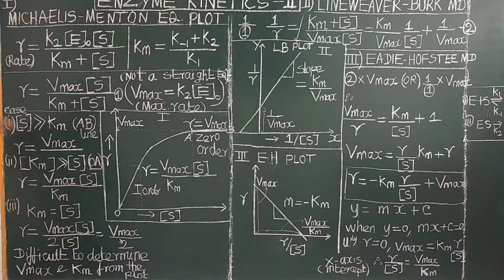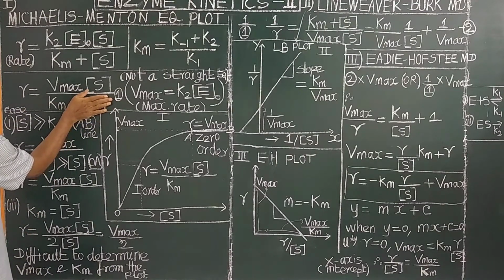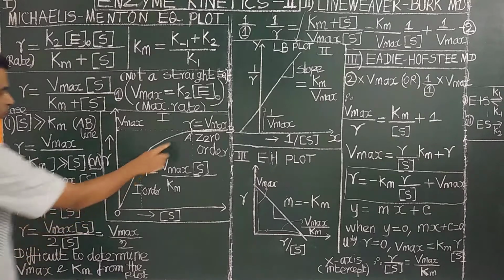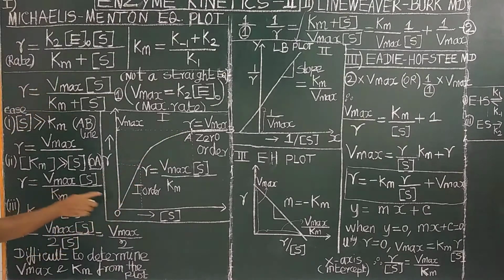Okay. Now, the second case is that Km is greater than substrate concentration. When Km is greater, your substrate concentration is small. Therefore, R is written as Vmax times substrate concentration divided by Km. Now, the OA curve obeys this equation of case 2.